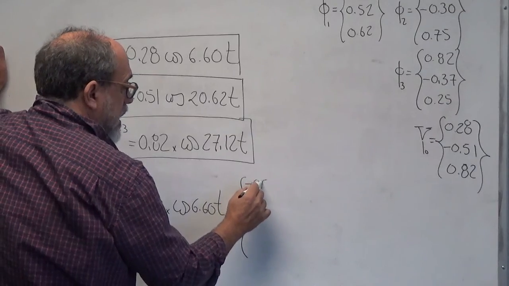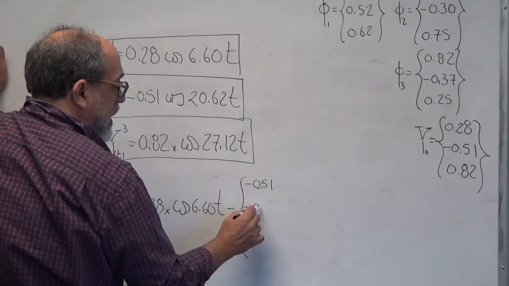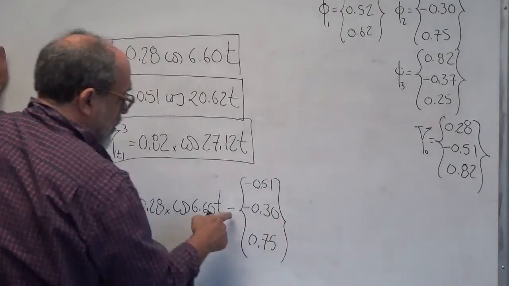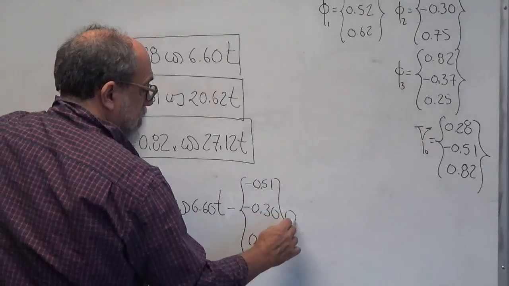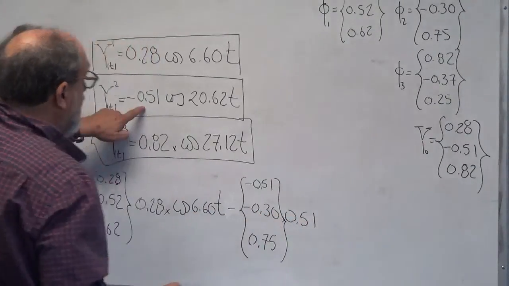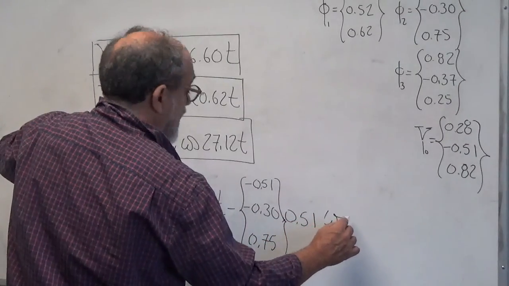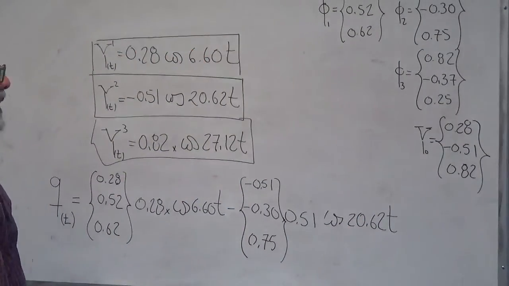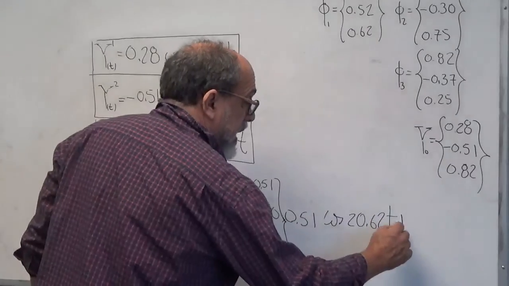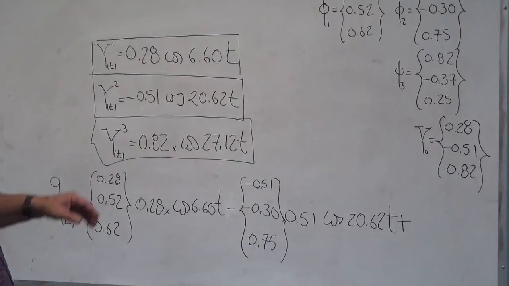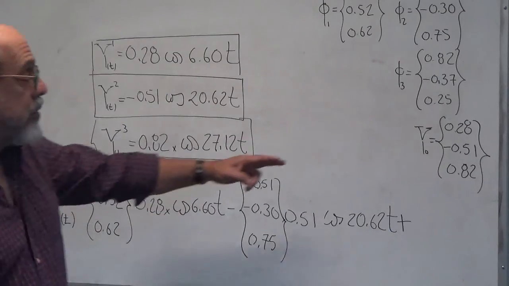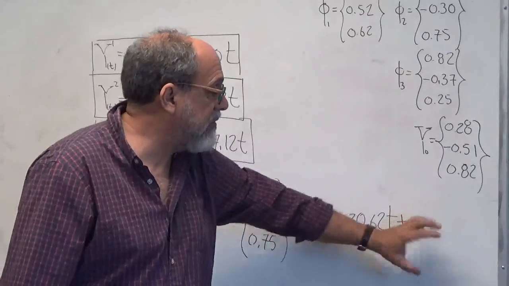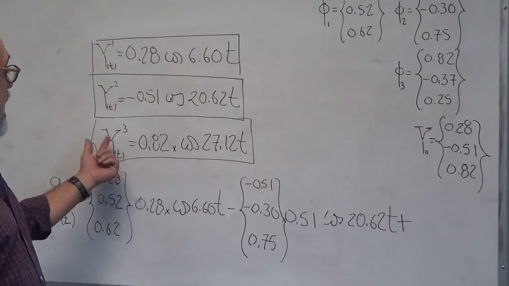Minus 0.51, minus 0.3, 0.75, and of course I already accounted for the minus, so I'm writing here 0.51 times cosine of 20.62 t, and of course plus, and I won't write it because I ran out of blackboard and it's obvious, the third mode, which would be 0.82, minus 0.37 and 0.25 multiplied times y3 of t.